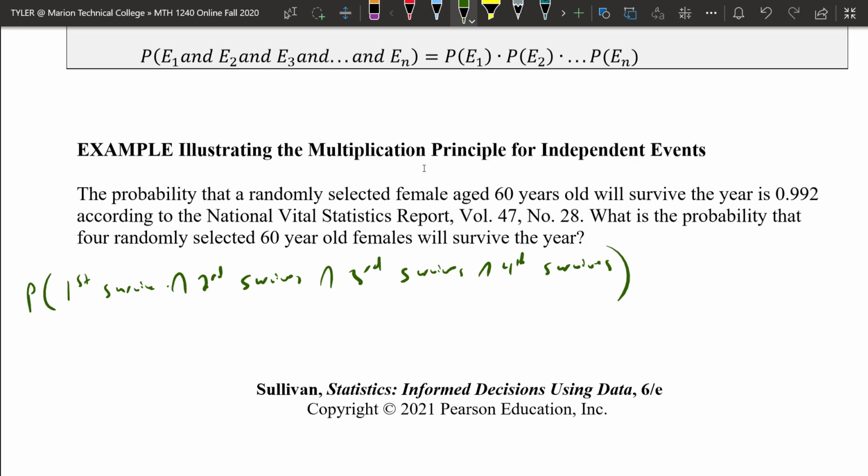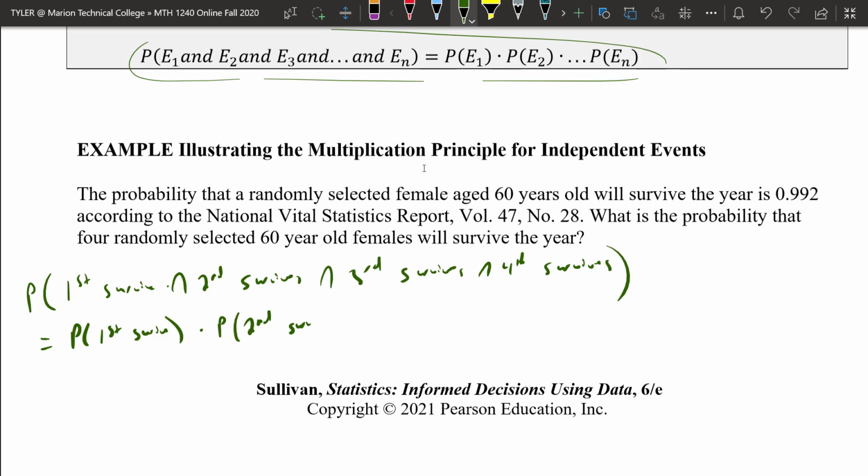So that's using this idea here in this equation. We have 4 events, so this is just going to be equal to the product of the probability of each one: the probability that the first survives times the probability that the second survives times the probability that the third survives times the probability that the fourth survives.